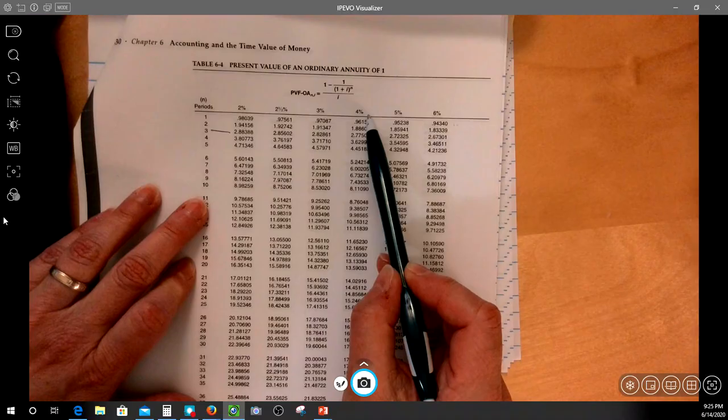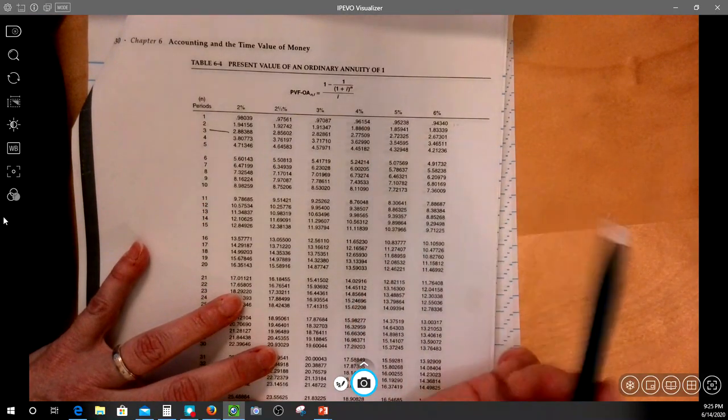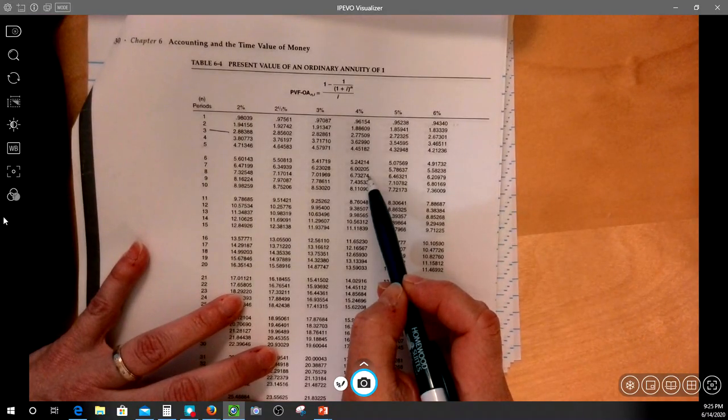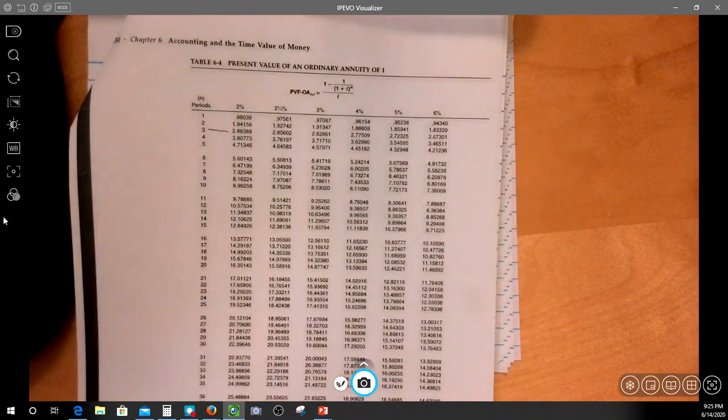Oh, I'm sorry. 4% semi-annually, every 6 months. Twice times 4, 7.32. I'm looking in the wrong spot here. Hold on a minute. Where are they getting their 7.3248?